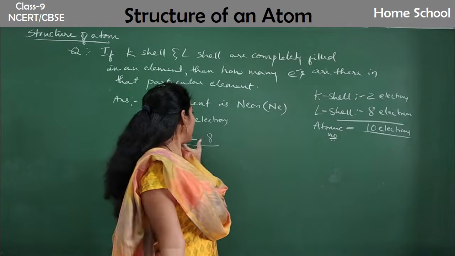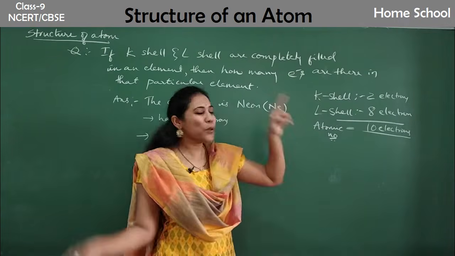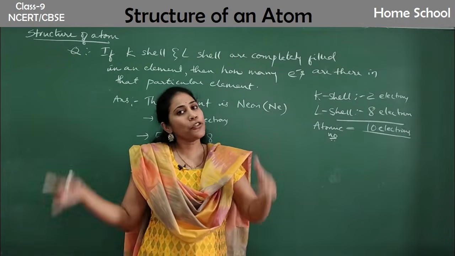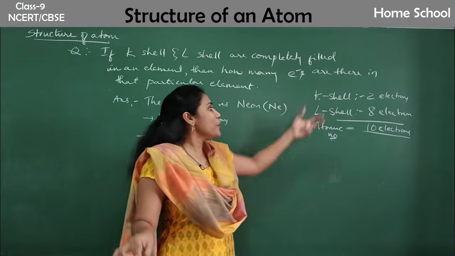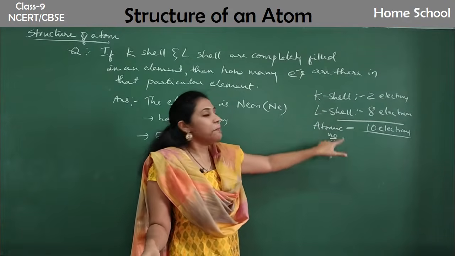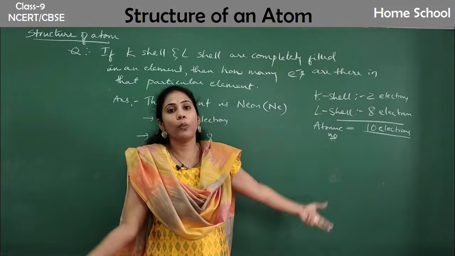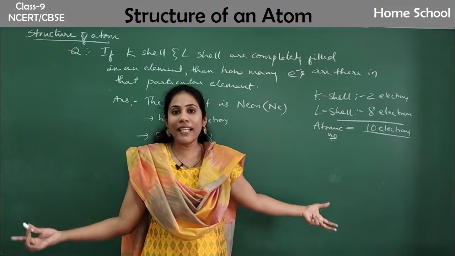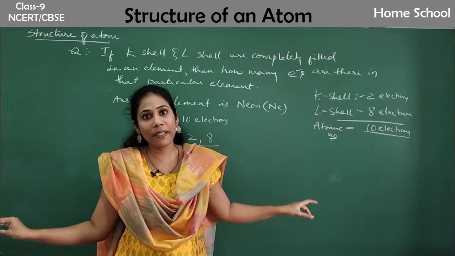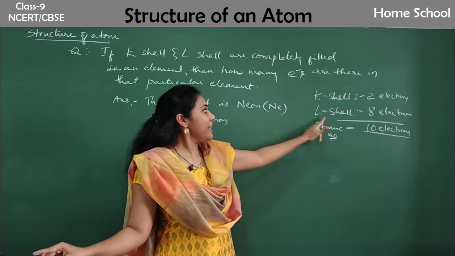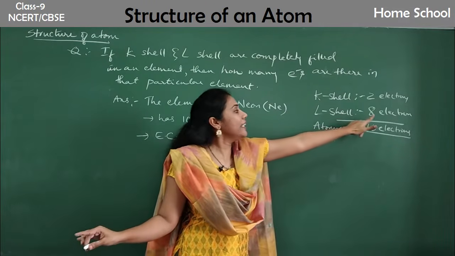This particular element has only two shells, because only in two shells do you find electrons. There is no point in talking about M shell and N shell, because there are no electrons. When there are no electrons, that shell doesn't exist. Clear, everybody? Which is the last shell in neon? The L shell.